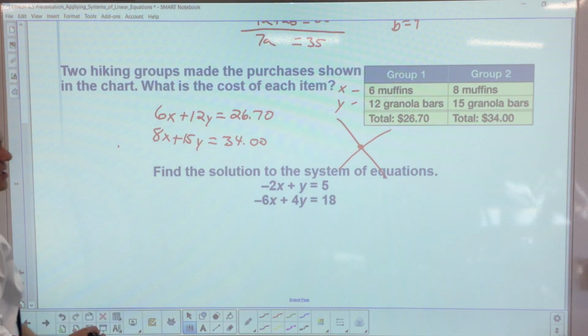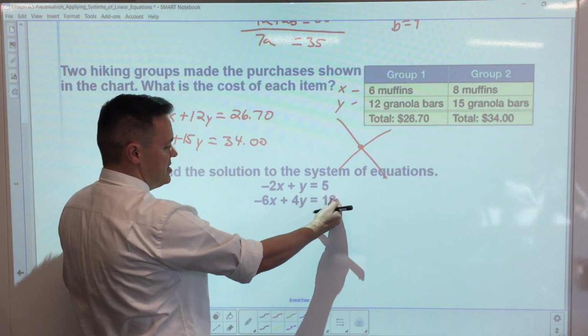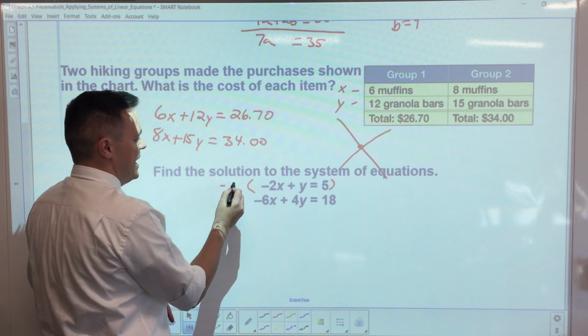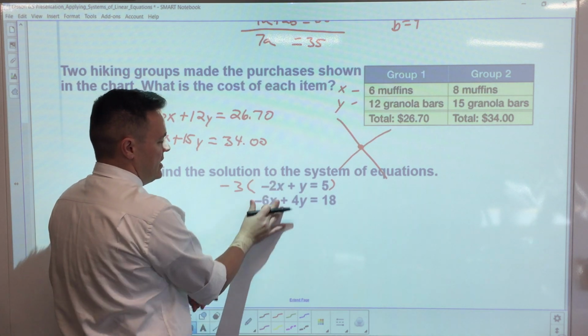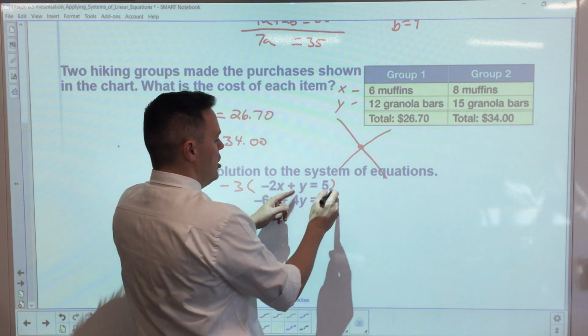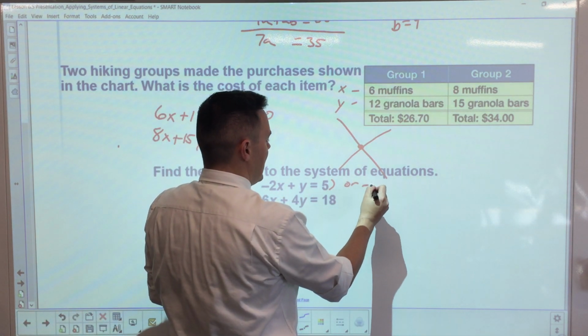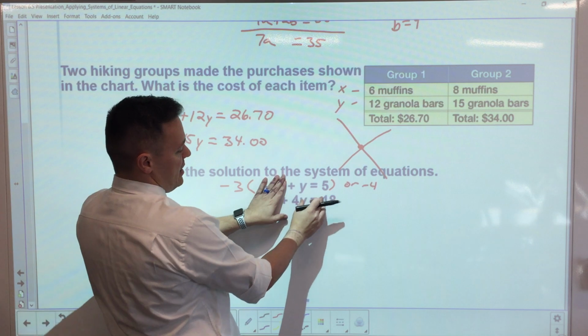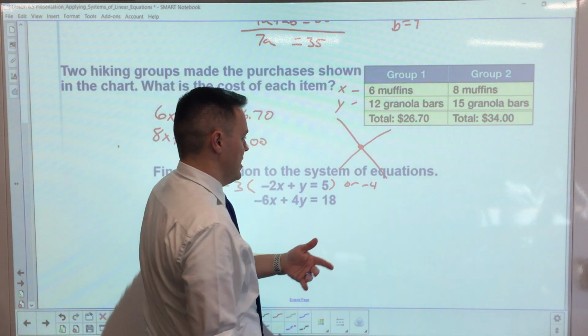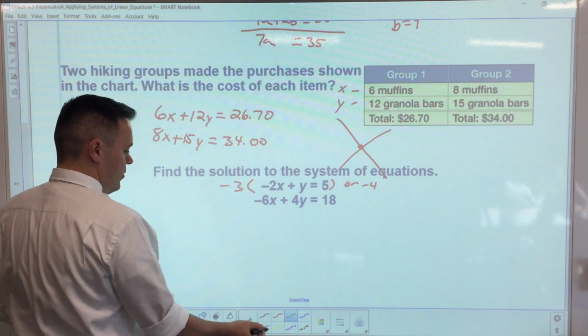And then lastly, the easiest way to solve this, there's 2, would be either to multiply this top equation by -3, so they cancel out the x's because negative and negative is positive, so that'd be 6x. Or you can multiply by a -4. If you multiply by a -4, you get -4y over 4y, and that cancels out. I'm going to go the 3 route.